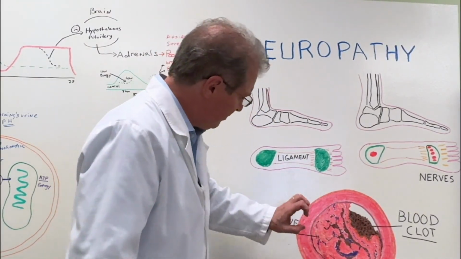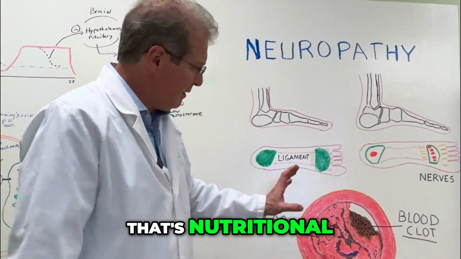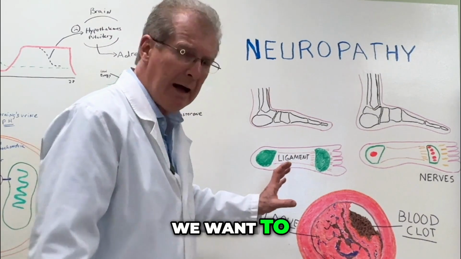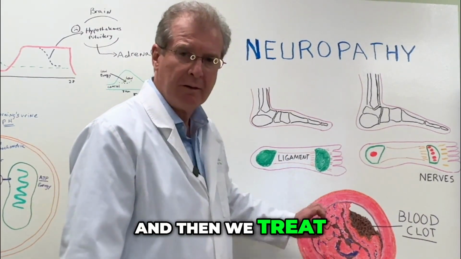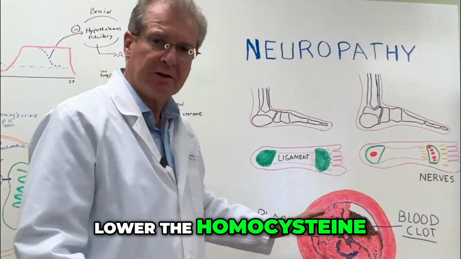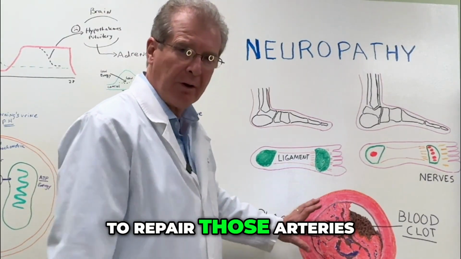If there's elevated homocysteine, we see that on a blood test. That's nutritional. It's what they're eating. We want to increase their green vegetables, and then we treat with B vitamins to lower the homocysteine. But we're actively, nutritionally, what can we do to repair those arteries?